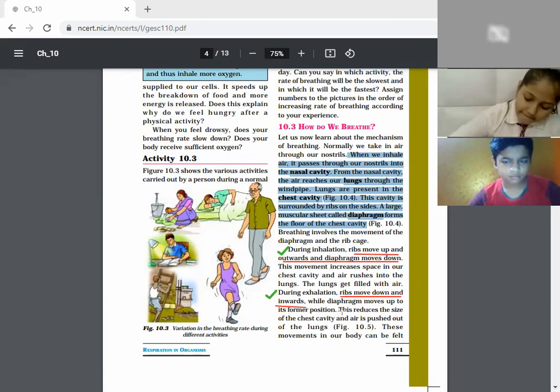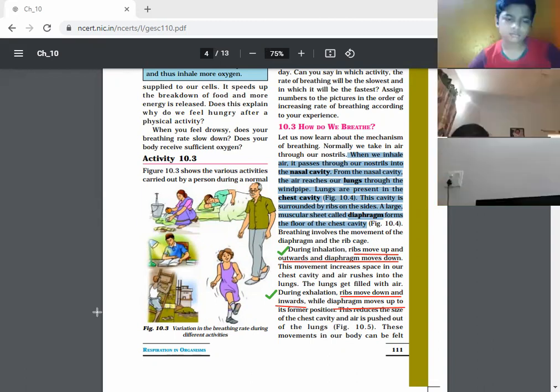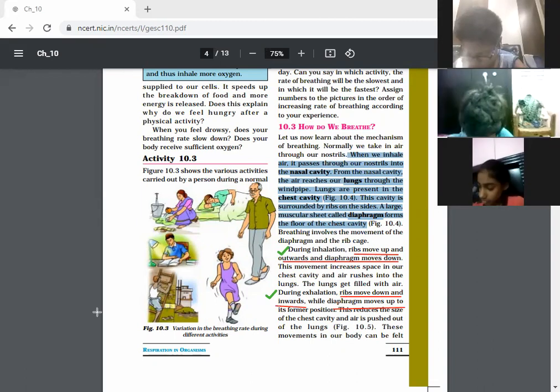And what about the diaphragm? The diaphragm moves up to take its position. This reduces the size of the chest cavity and the air is pushed out of the lungs. So children, I hope you have understood the concept of what happens during inhalation and during exhalation. I want you to do this activity once more.